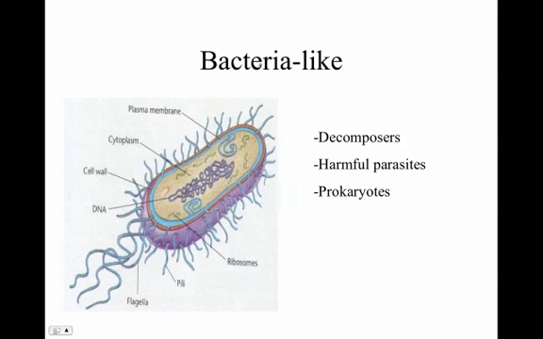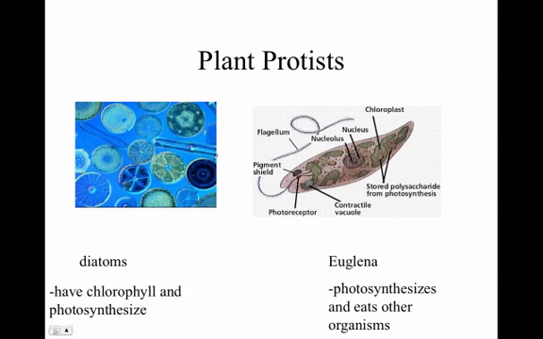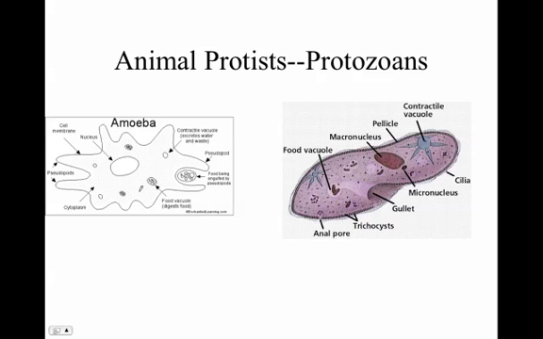Here's a bacteria. As you can see, if we said, is it prokaryote or eukaryote? It's definitely a prokaryote because the DNA is floating in the cytoplasm. Here's some plant protists. Protists are single-celled. Is it prokaryote or eukaryote, this euglena? Well, it's eukaryote because it's got a nucleus. Diatoms, we looked at them before. Here are some animal protists. Amoeba, and paramecium, both are eukaryote.